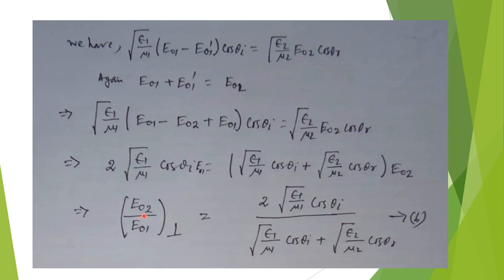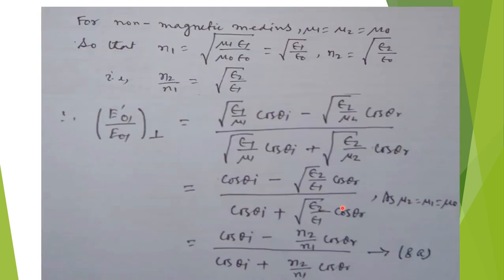This is equation 6, and this equation gives the ratio of the amplitude of the refracted to incident wave. These two equations, equation 5 and 6, are known as the Fresnel relations.